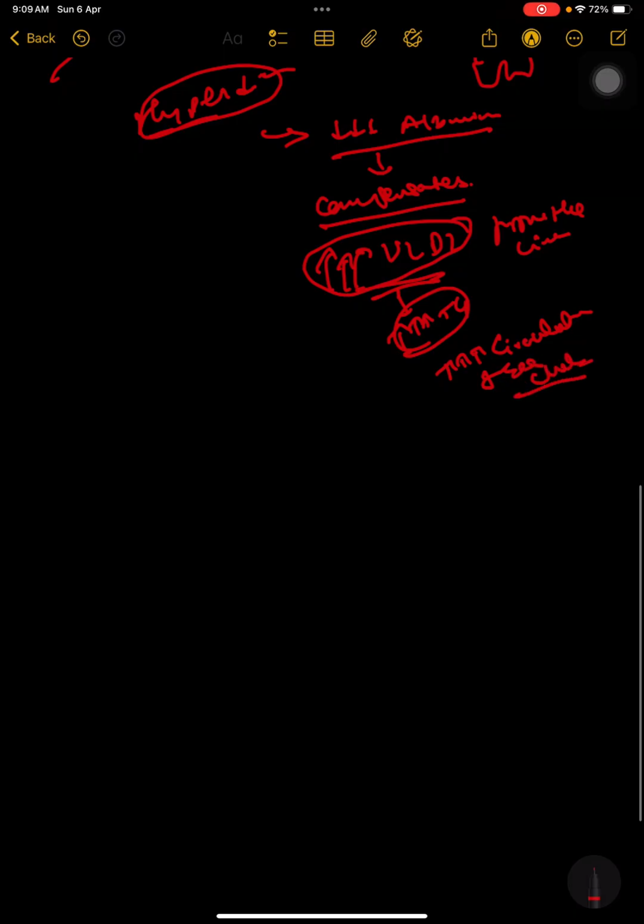So that leads to lipidemia, and that lipid, if it goes to the urine, is lipiduria.